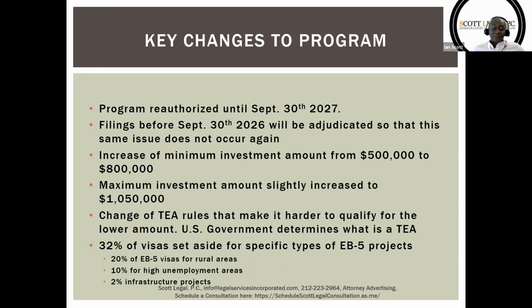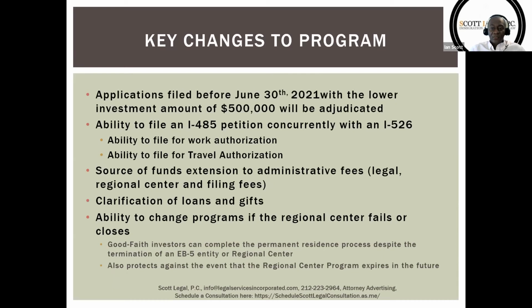But the government said that for certain types of projects, for the percentages listed on the slide, they'll let them move some of those people to the front of the line. The government's saying that because they feel these particular areas are important, they want to make sure they're giving these people green cards based on that.